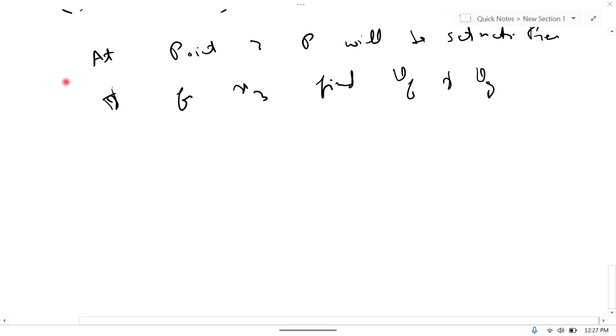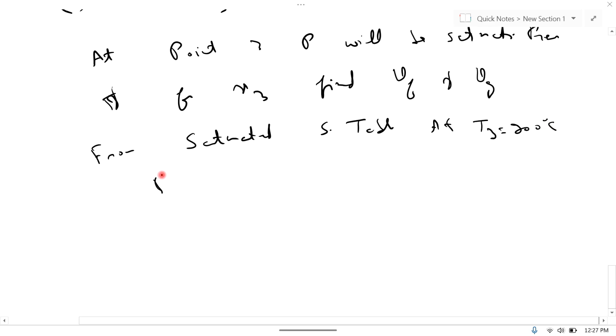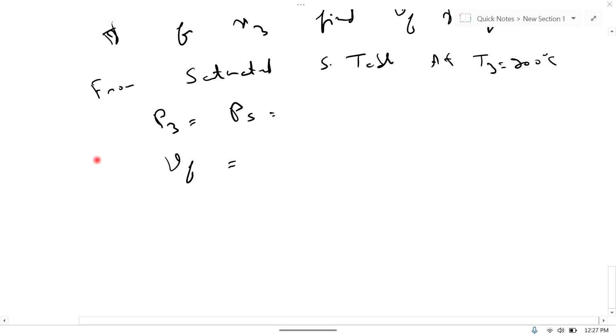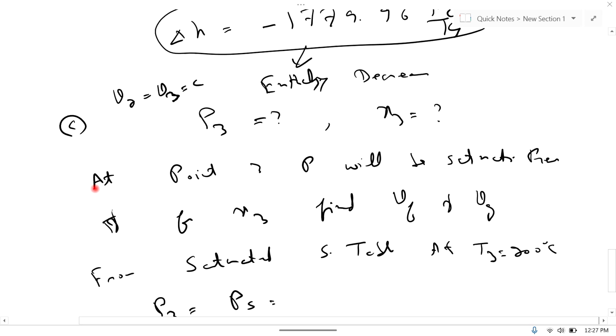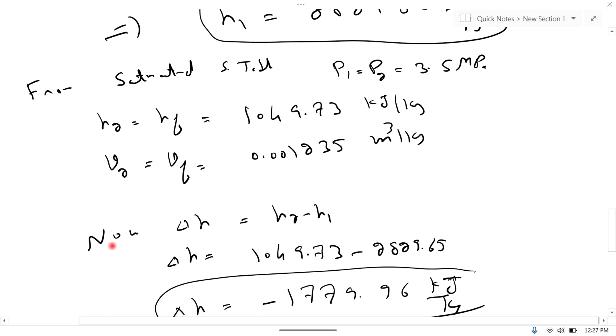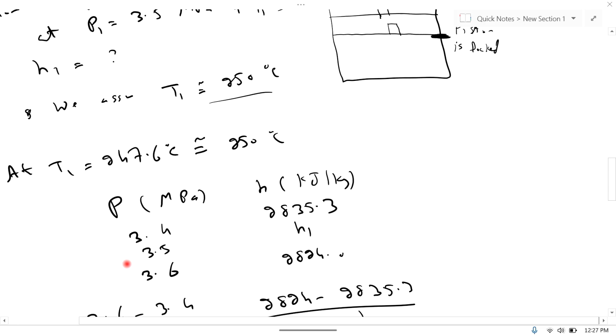Now from the saturated steam table at temperature T3, which is given to us as 200 degrees centigrade, find pressure P3, which is equal to saturation pressure, and VF and VG.